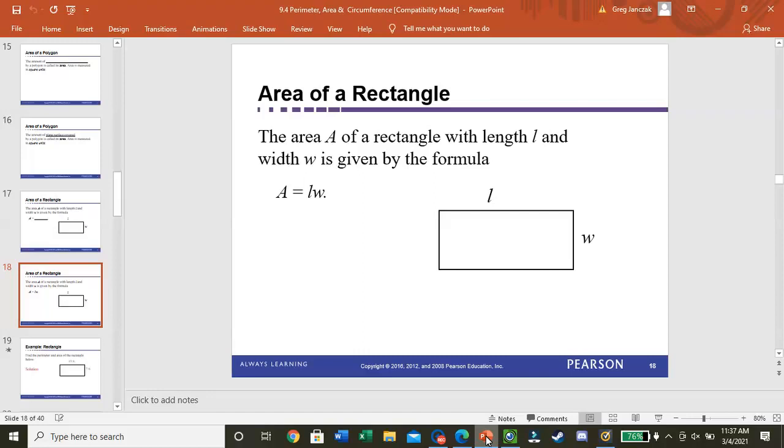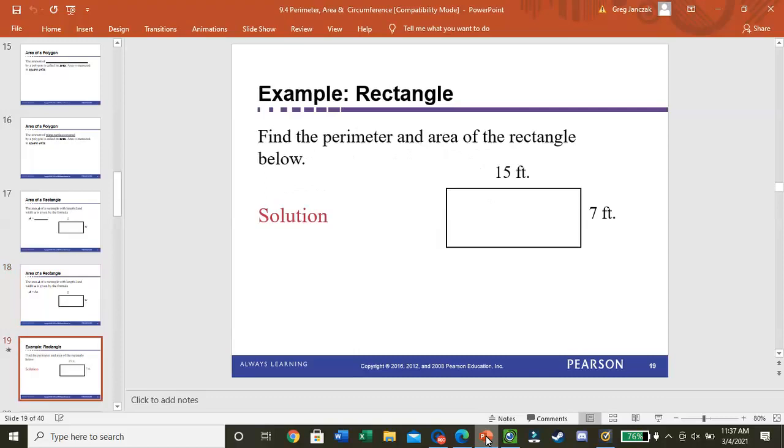So here we have our rectangle, and we have 15 feet, and we have 7 feet.